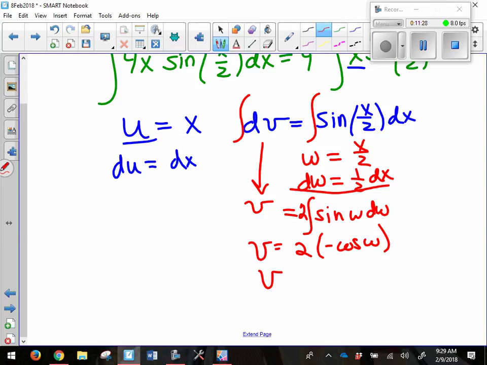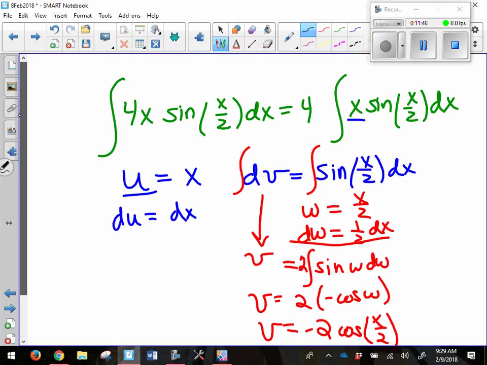Okay, so my v is going to be -2 cosine, remember you have to substitute back in, x over 2. This is one of those days when I wish I could use my whole board again. Okay, so remember, this was the integral we were trying to solve.